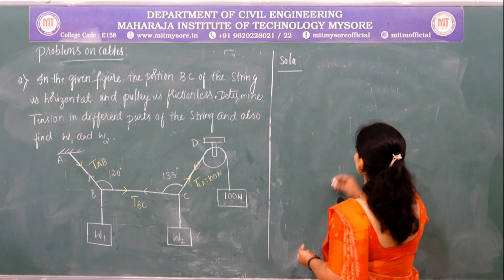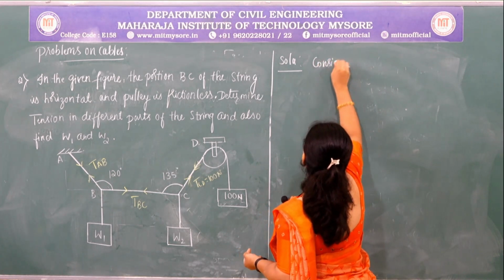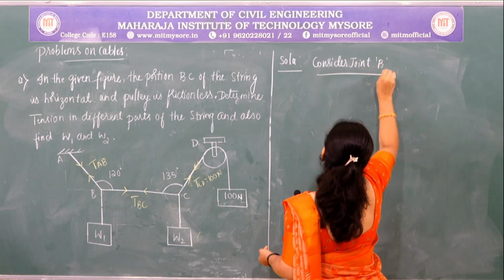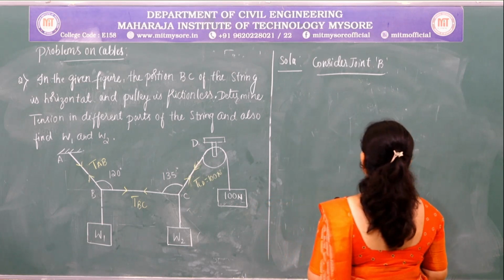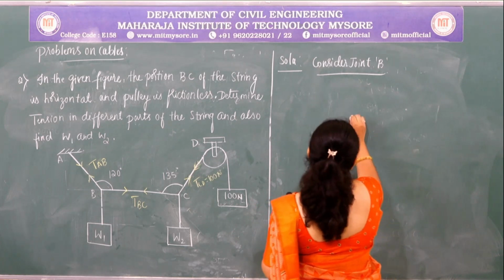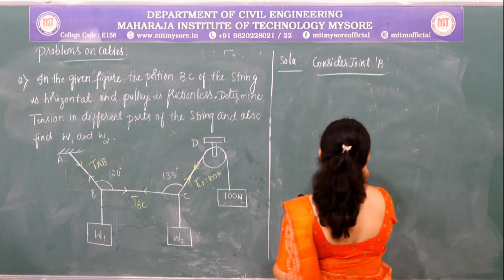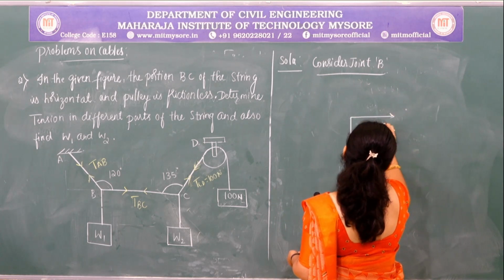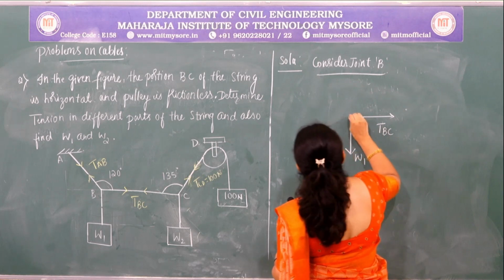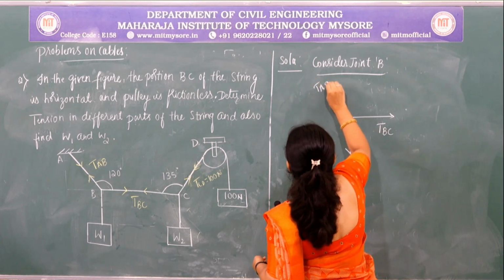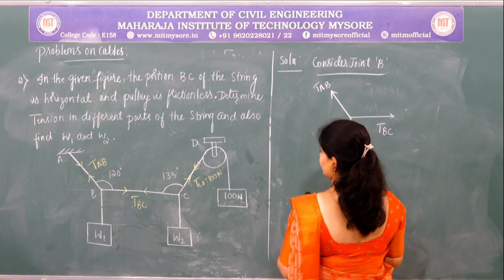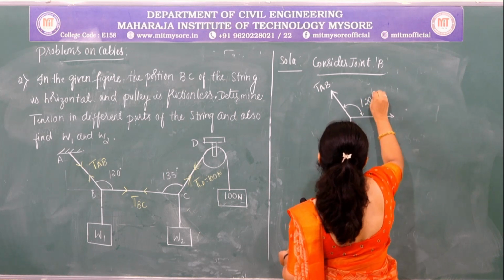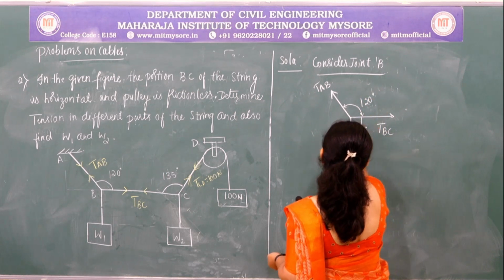So let us consider first joint B. First write the free body diagram of joint B. At B there is a vertical load W1, a tensile force TBC and a tensile force TAB. The angle between TAB and TBC is given as 120 degree, and this will remain as 90 degree.